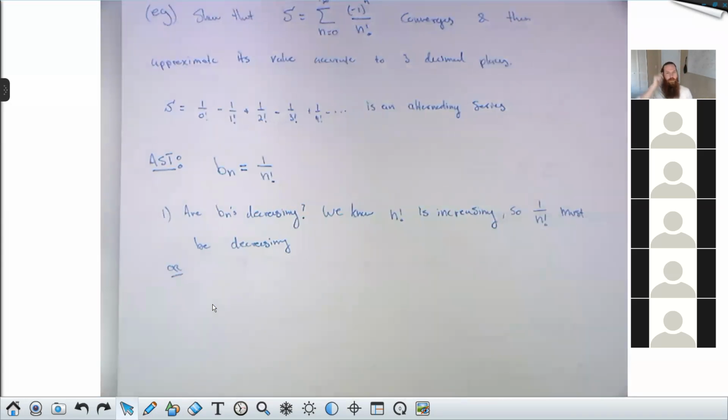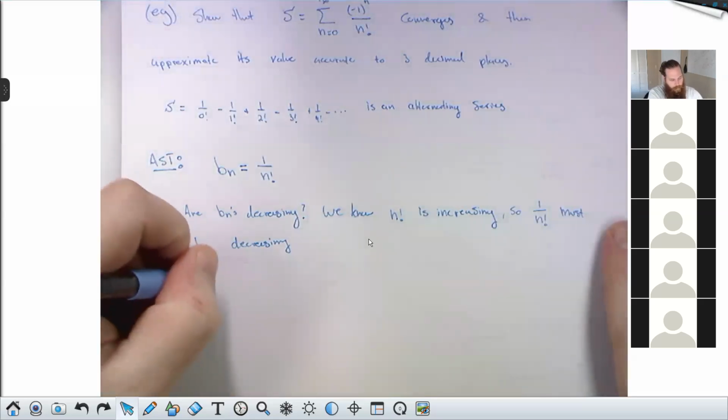What's the other option? How else could we show that this is a decreasing sequence? We've already shown it, just to be clear. What we have here, n factorial is increasing, so 1 over n factorial is decreasing. That's good, we're done. But just for practice, I want to ask, how else could we have shown that this is decreasing? Show that b of n plus 1 is greater than or equal to b of n.